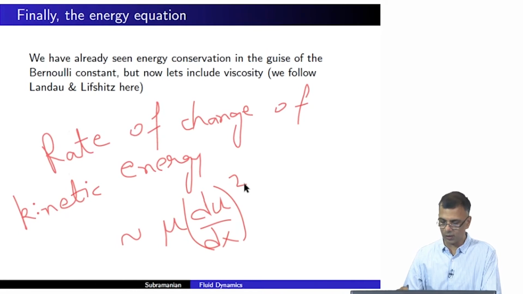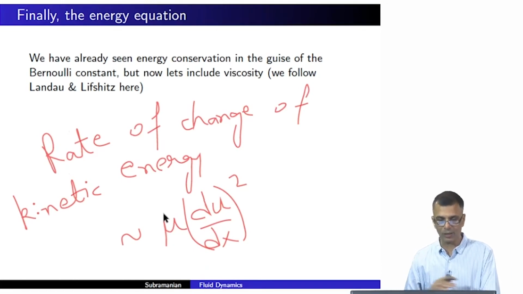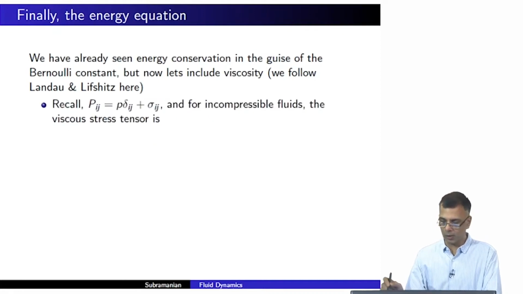This is what viscosity does for you, where, as you know, mu is the coefficient of dynamic viscosity. So this will be our main result after this discussion. Okay, so let's see how it comes about. We will follow Landau and Lifshitz here.